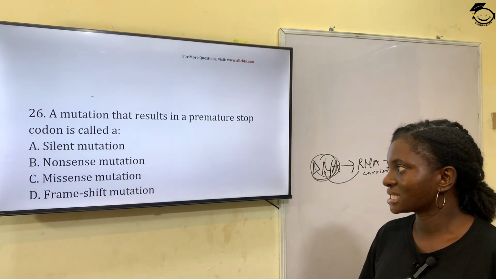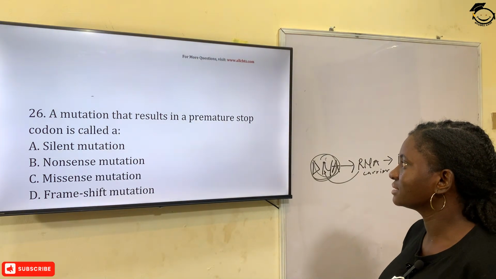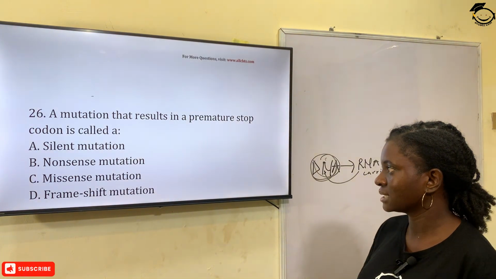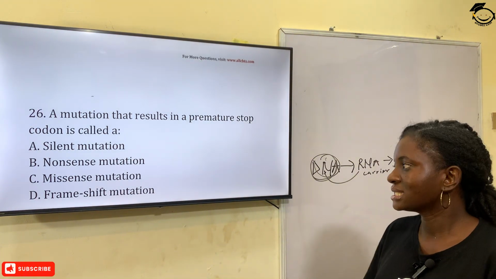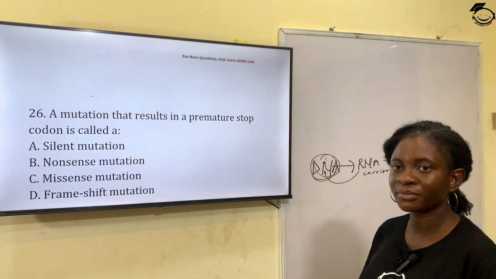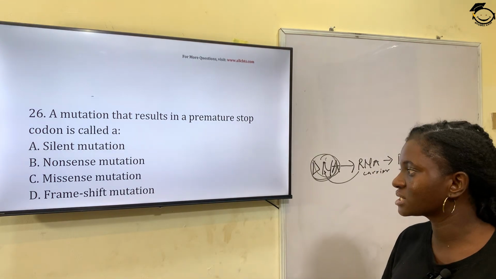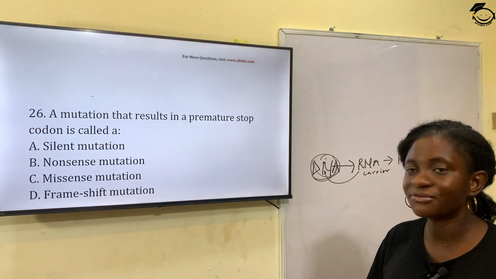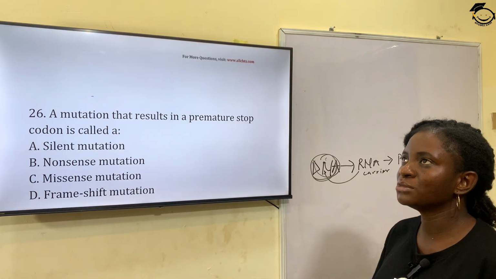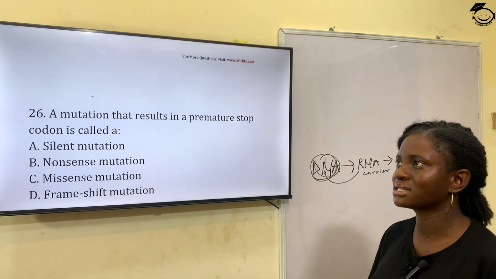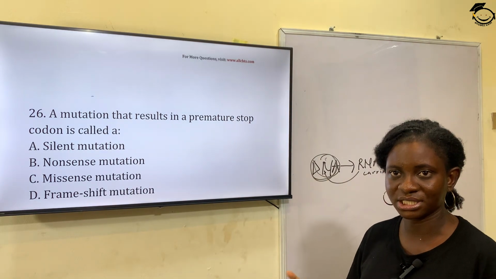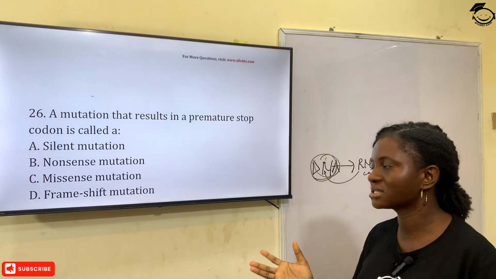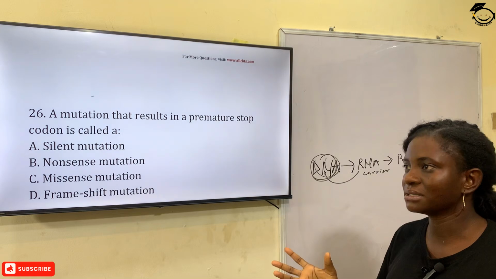Question 26. A mutation that results in a premature stop codon is called: A, silent mutation; B, nonsense mutation; C, missense mutation; D, frameshift mutation. Mutation means there's an alteration in the gene, which can affect the organism.